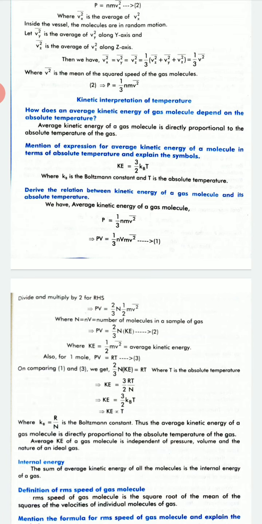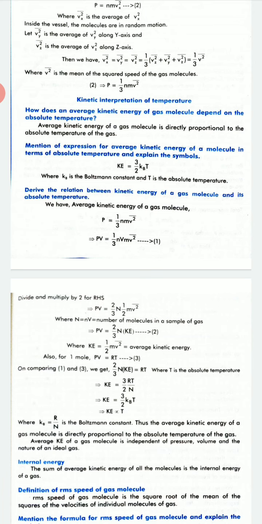The kB is equal to R by N, the Boltzmann constant, and thus the average kinetic energy of a gas molecule is directly proportional to the absolute temperature of the gas. It is directly proportional to absolute temperature of the gas, and the average kinetic energy of a gas molecule is independent of the pressure, volume and the nature of the ideal gas.